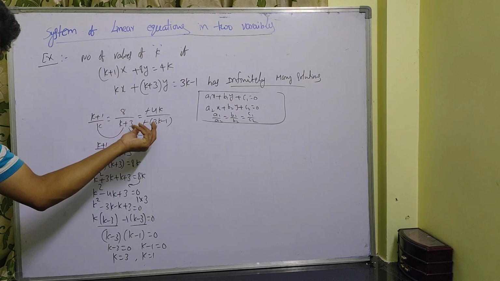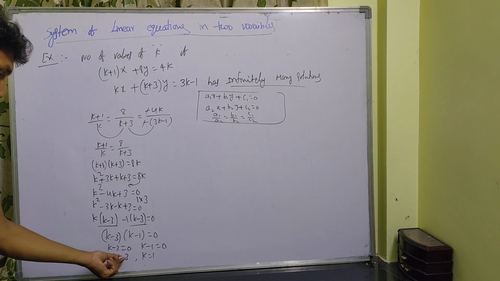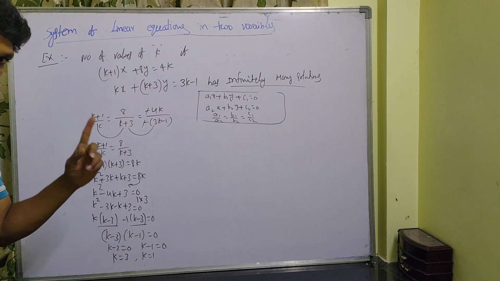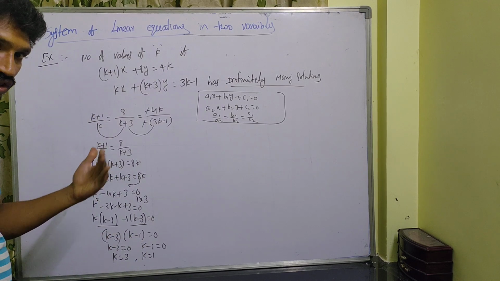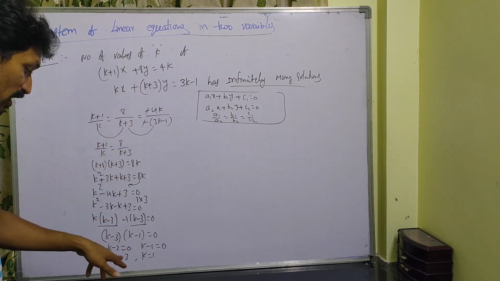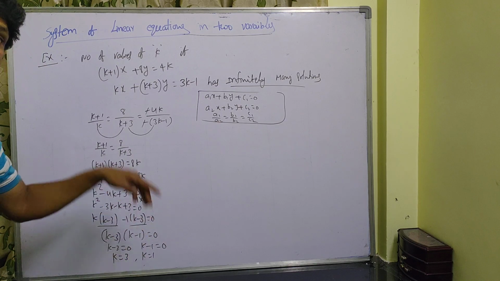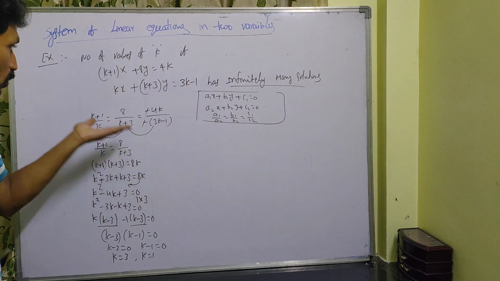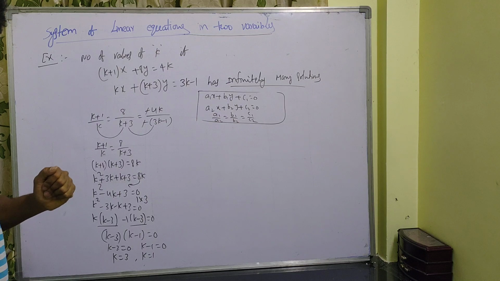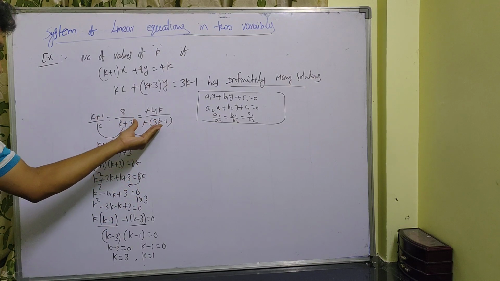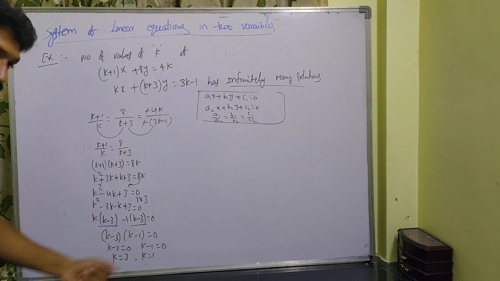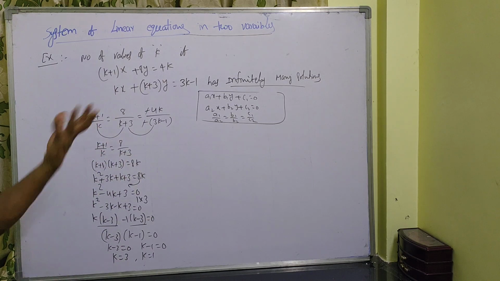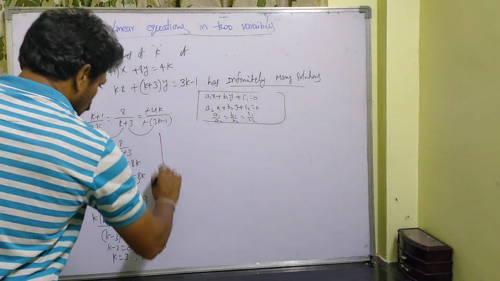You have to equate these other two also. If you get k is equal to 3 or k is equal to 1, that is the solution. If you get values other than 3 and 1, then it has no value for this k. Once you check it out, first equate these two. If you get any one of these two values, that is the answer. Otherwise, no solution.